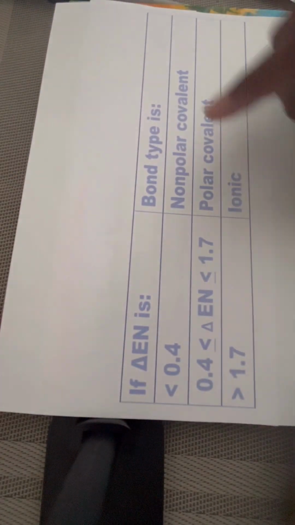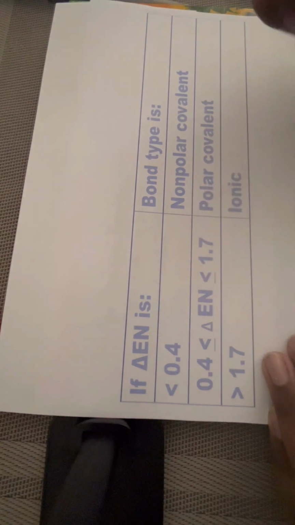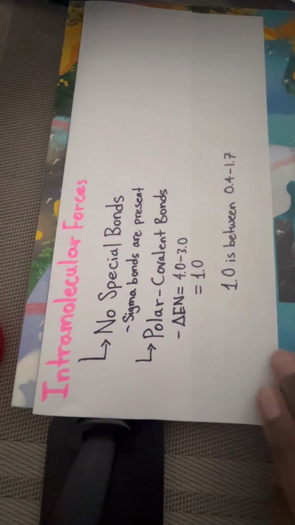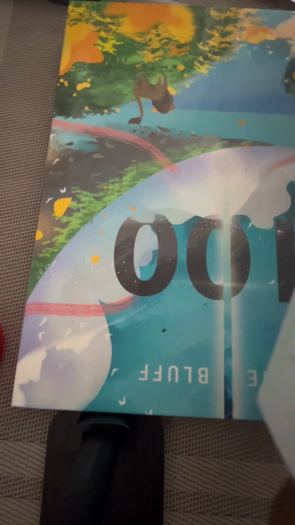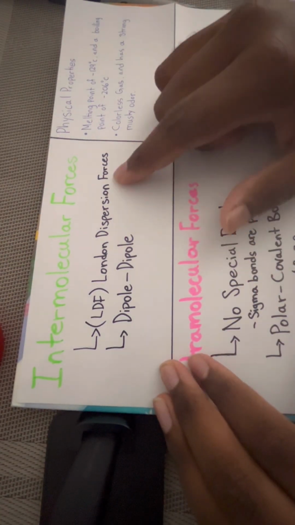So if we were to use this as a guide, our answer is 1. That's our electronegativity difference of the molecule. It'll be polar covalent because 1 is greater than 0.4 and it's less than 1.7. So it fits in here for a polar covalent bond. So that's our intramolecular forces.